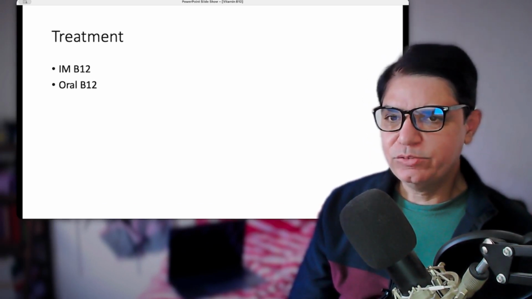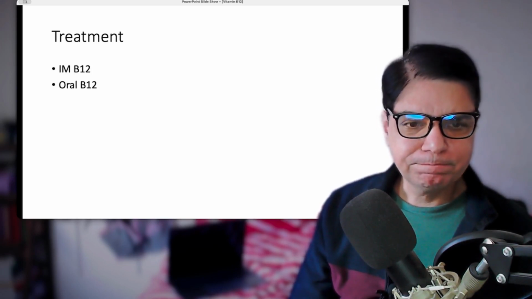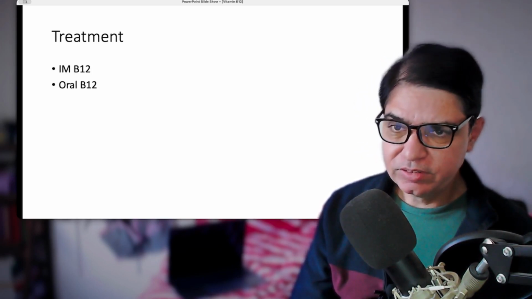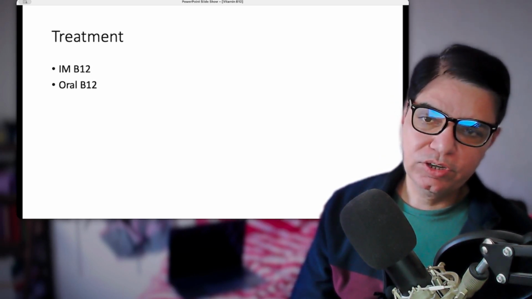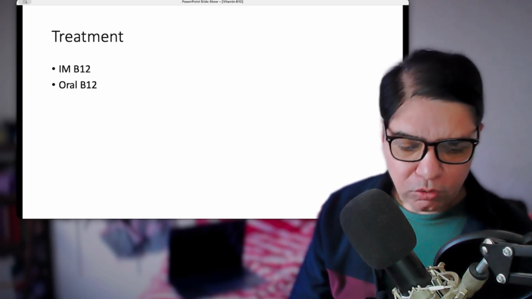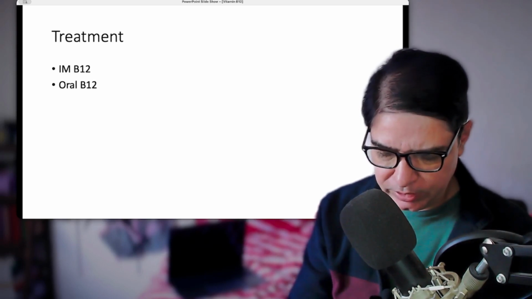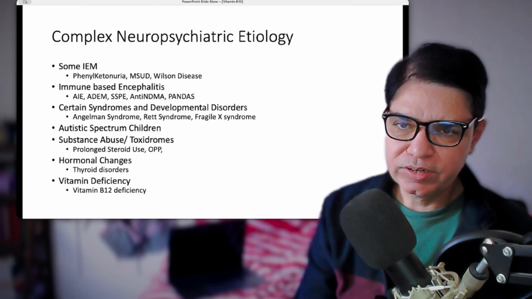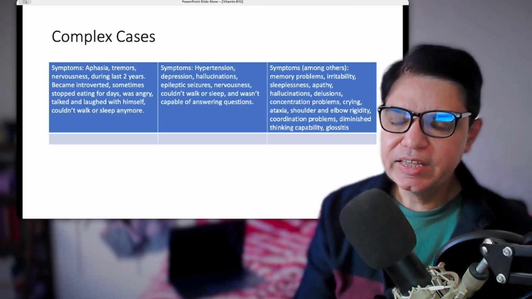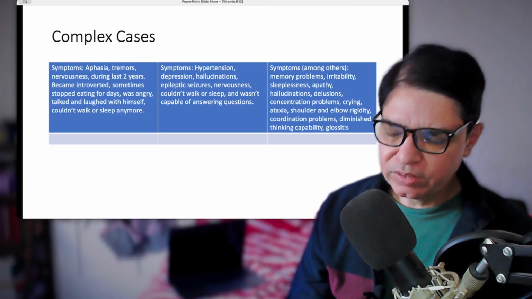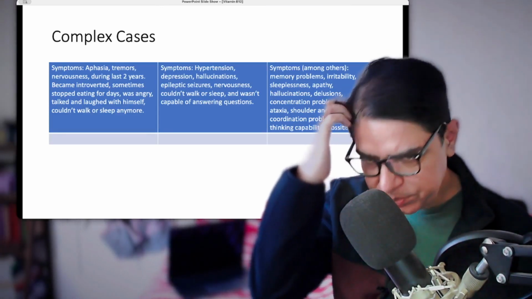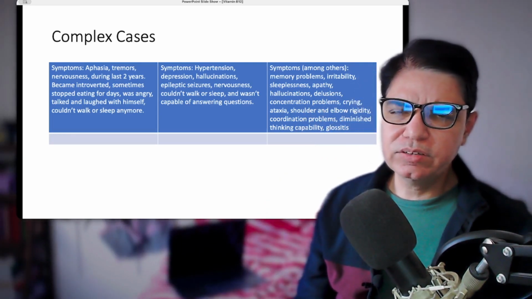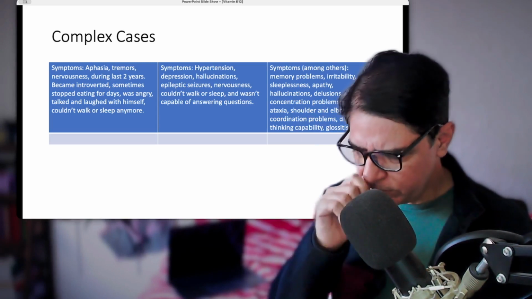So my friends, this was all about vitamin B12 deficiency in the context of complex neuropsychiatric conditions. Going back to the initial cases, these were taken from a journal where they were published as three clinical cases, and all three were adolescents, aged 15, 16 and so on.